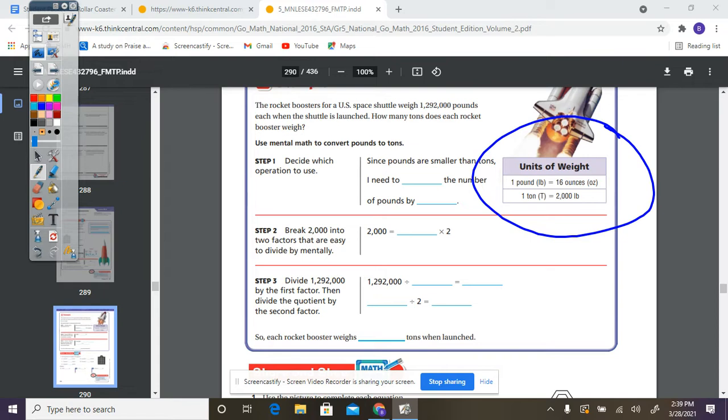Ounces are even tinier. Ounces is the smallest unit of measure. 1 pound is next, and then a ton is what you would move on up to. This is a shorter chart to memorize for us, which is good, but it is important to memorize those conversions.